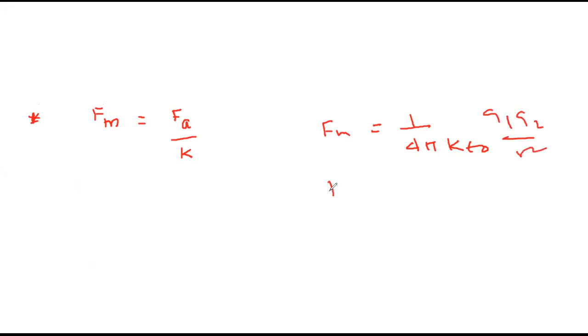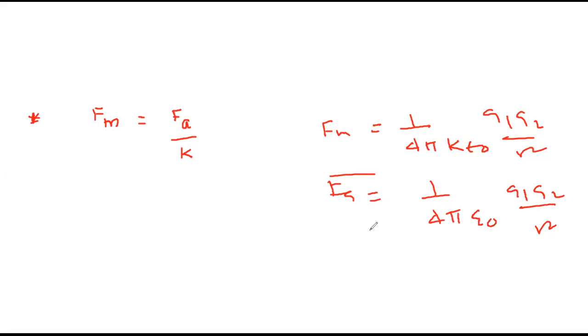Force acting between two charges situated in a medium is always given by the force between two charges in air upon K. Because in a medium, force is 1 upon 4 pi K epsilon naught Q1 Q2 by R square. In air, it is 1 upon 4 pi epsilon naught Q1 Q2 by R square.